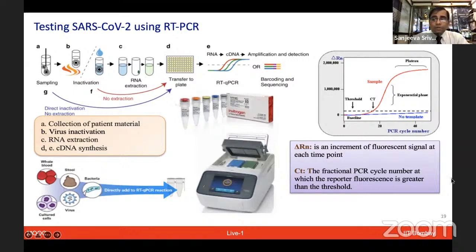Could you please turn on the video and also keep showing the instrument briefly, at least the thermal cycler, and then continue. Yeah, sure, sir. Sir, if you can highlight me, so I'll be able to.